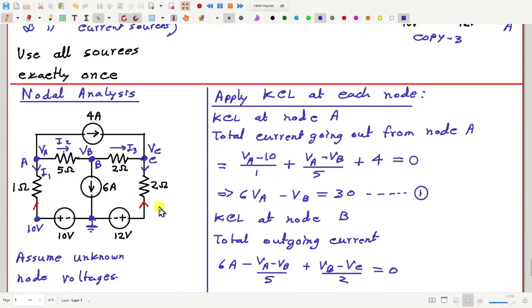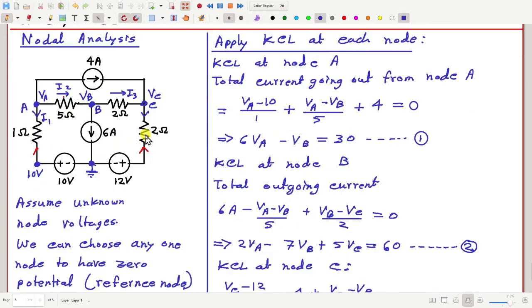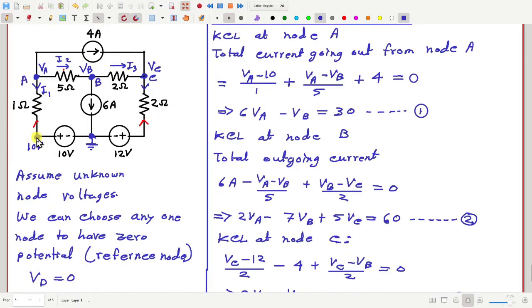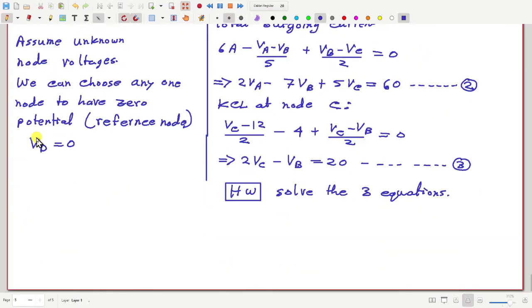Once you know VA, VB and VC, then you can calculate all the currents. For example, once you know VA, I1 will be the value of VA minus 10 by 1 ohm. So once you solve these 3 unknowns, you can calculate all other desired quantities, desired voltages, desired currents, everything. So that is another method.